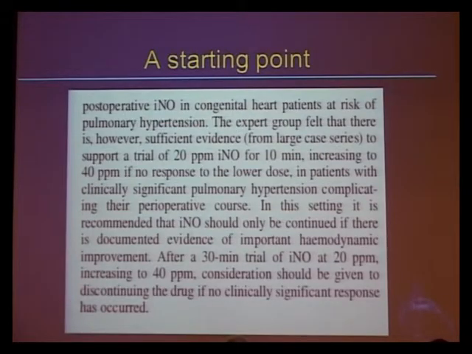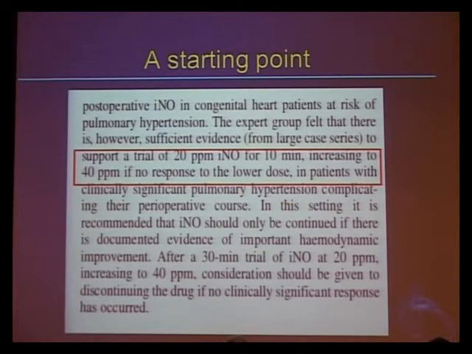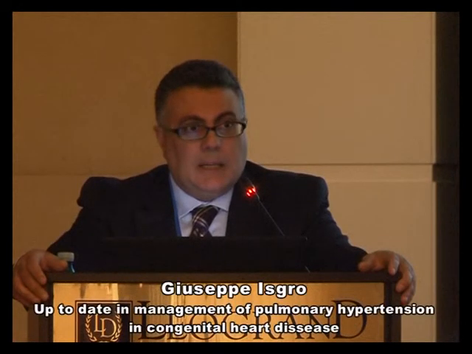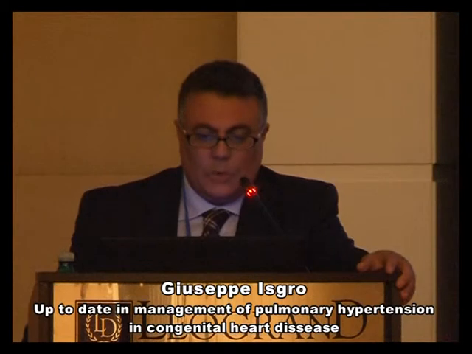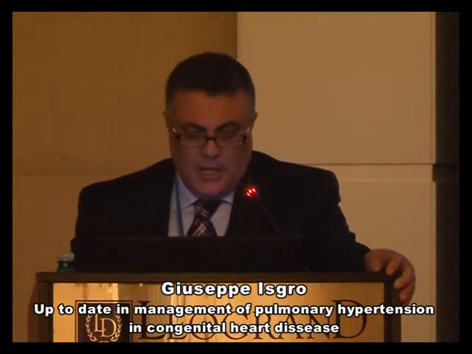So they exhort us to use it, and they also talk about the dosage of nitric oxide between 20 to 40 parts per million of inhaled nitric oxide. That is what we have done for 10-15 years with our patients, and so we are in agreement with the literature and with all the expertise.